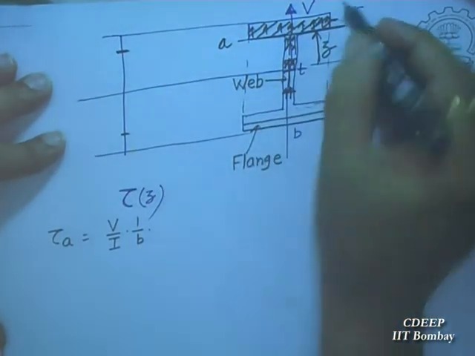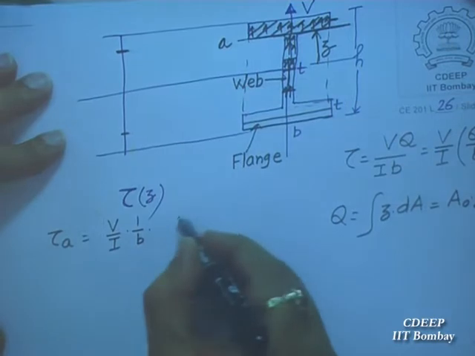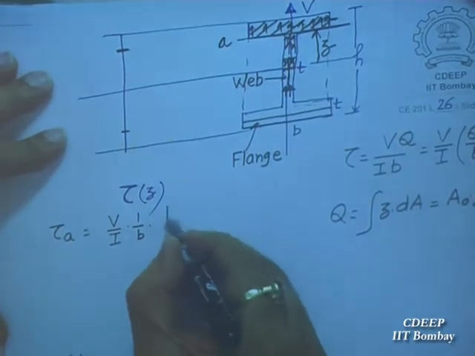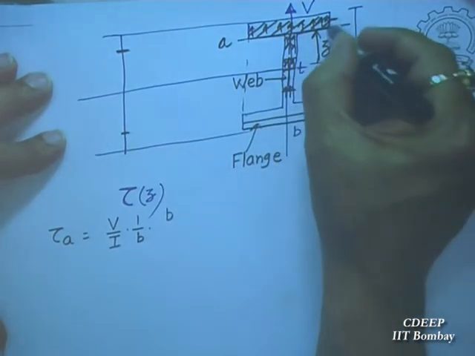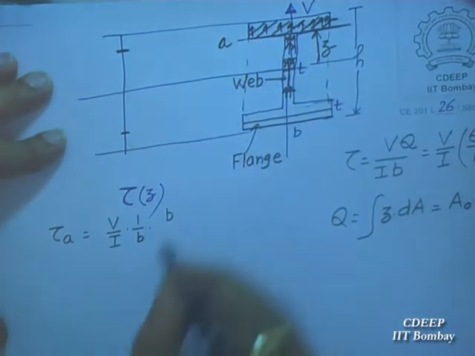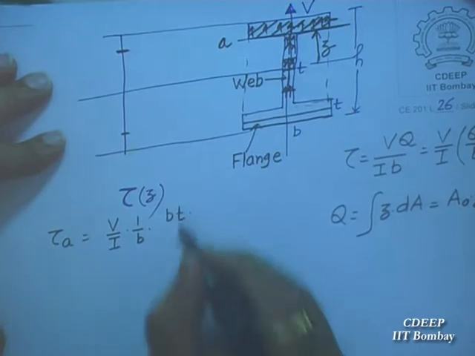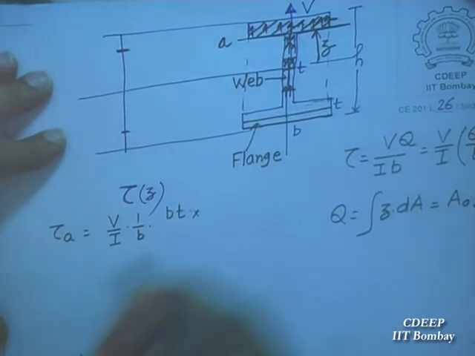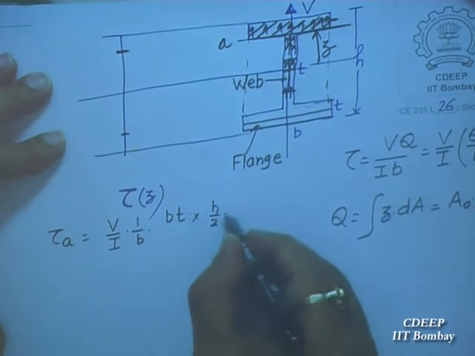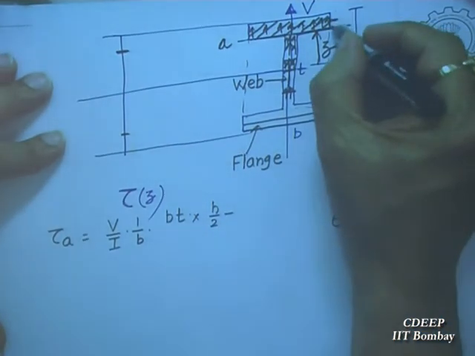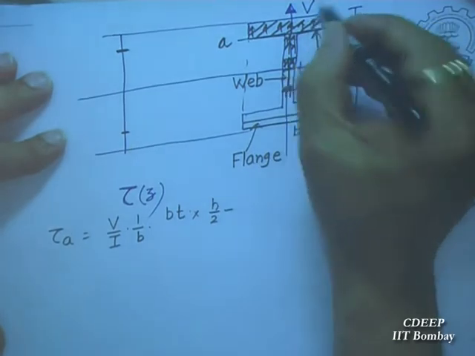Area of this is B multiplied by T, B into T. And distance from centroid will be equal to h by 2 minus thickness T, so minus T by 2.